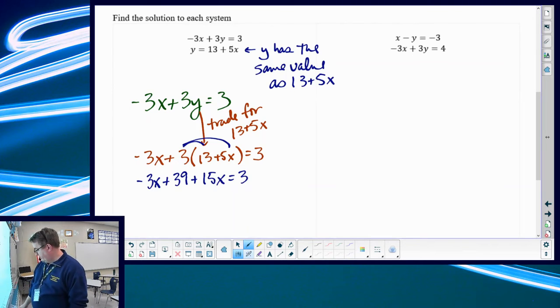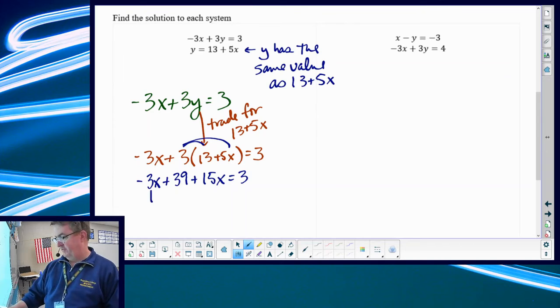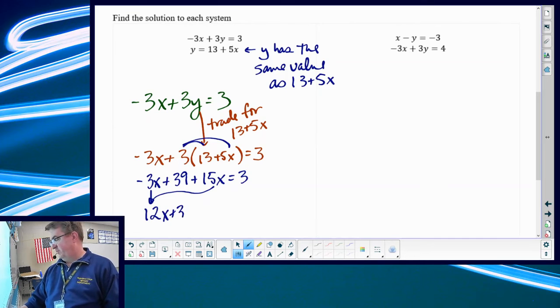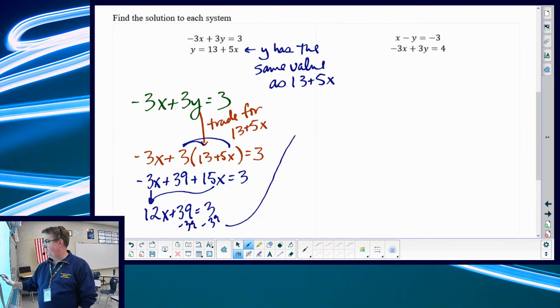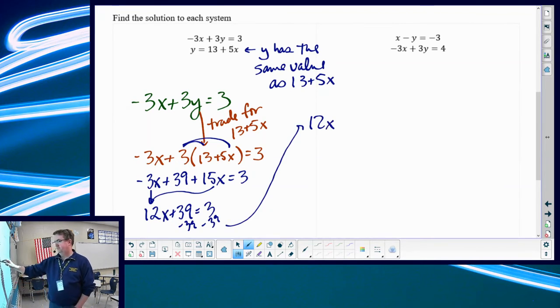Combine up your like terms, just like you normally would. So that's going to become 12x plus 39 is equal to 3. I'm going to move this to the other side, and then divide it out.